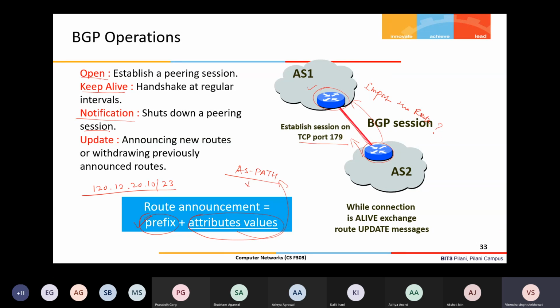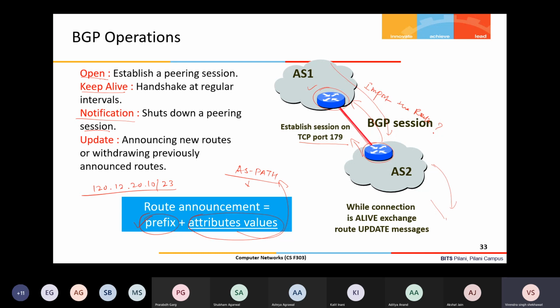Once it imports, any traffic that comes to AS1 for that destination it will forward to AS2. Similarly, AS2 might have learned this route from some other AS and imported it into its BGP table, so AS2 will forward to that. This way, hop by hop, the route advertisement is consistent.